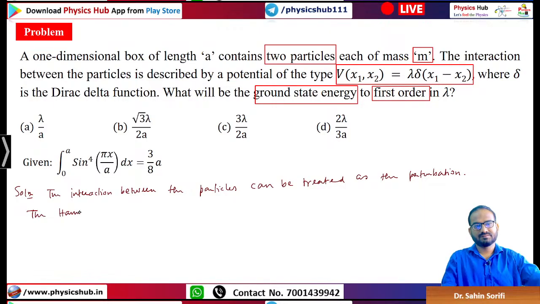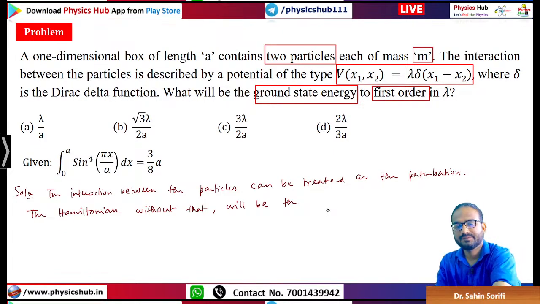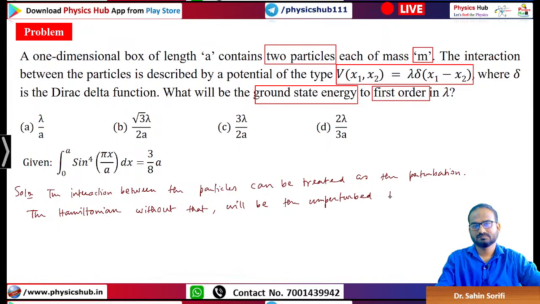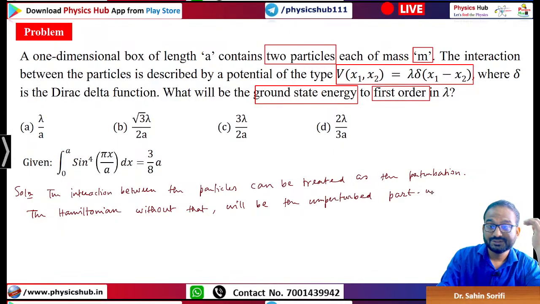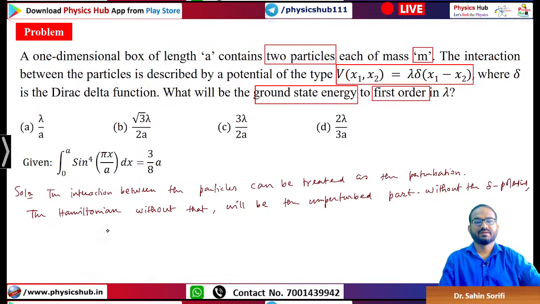The Hamiltonian without that will be the unperturbed part. So without the delta potential, look, this is a little bit different.